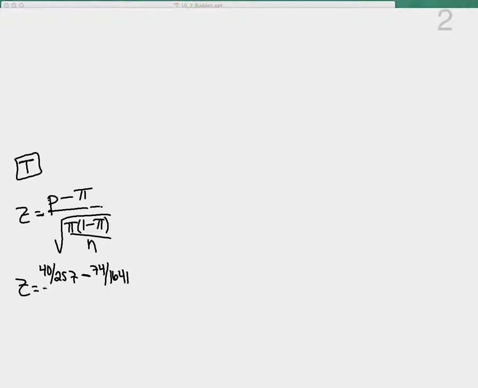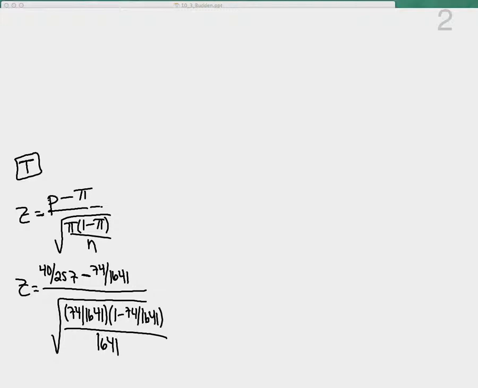Pi just comes from the null. Okay, see if you can put that in your calculator and get the correct answer.